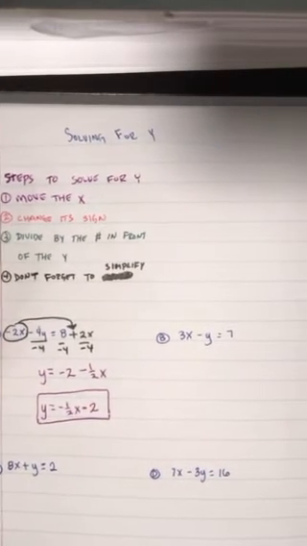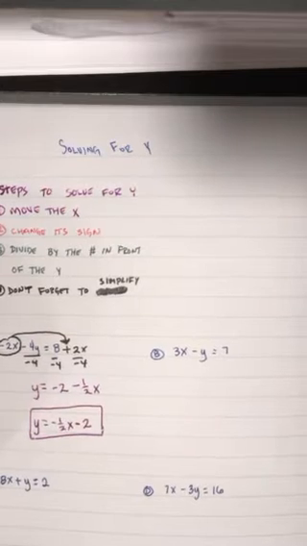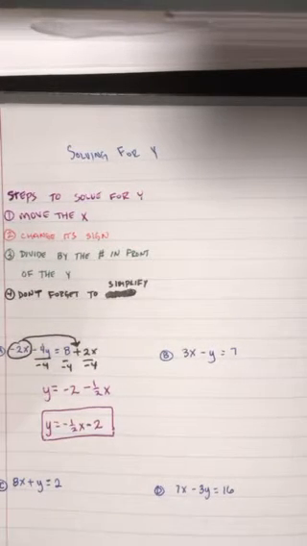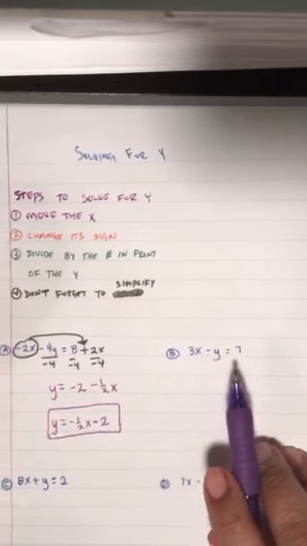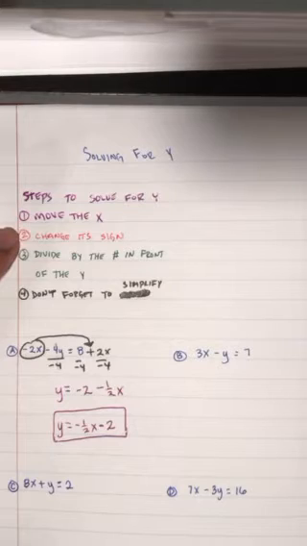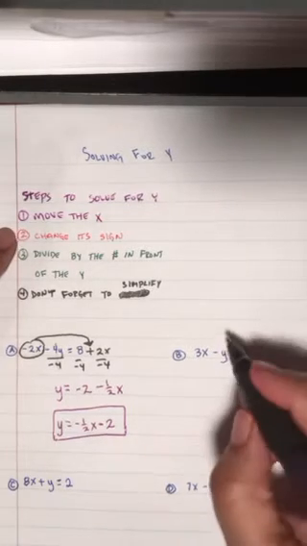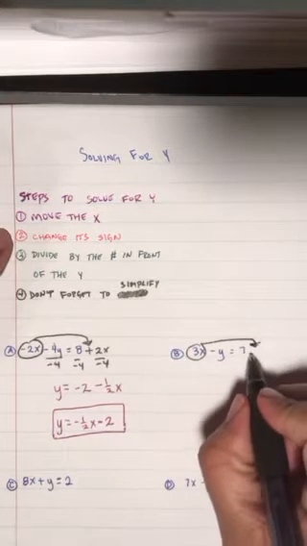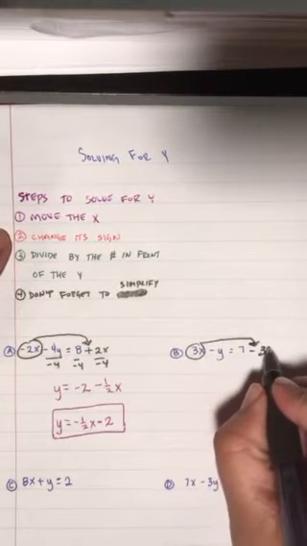Okay, so let's look at letter B. Letter B says 3x minus y is equal to 7. And again, we're going to follow these 4 steps. Move the x. The x is currently a positive 3x. When we move it to the other side, it becomes a negative 3x.